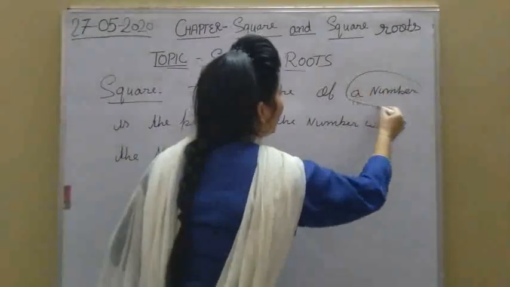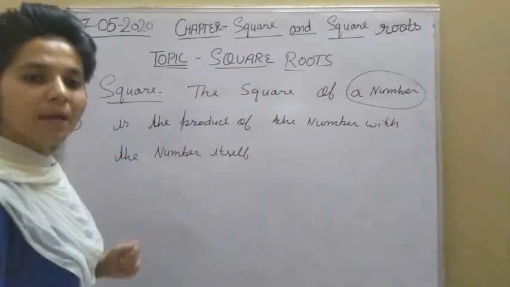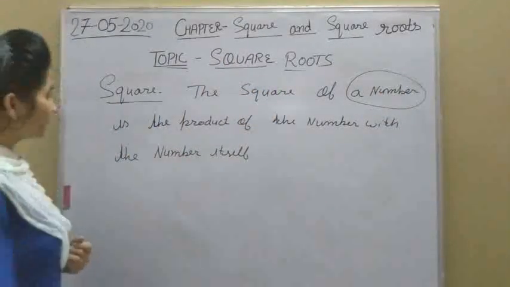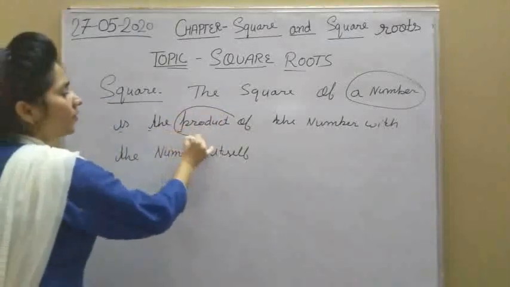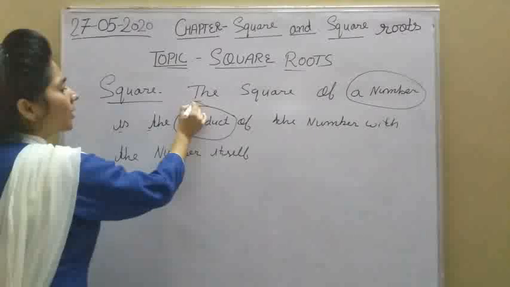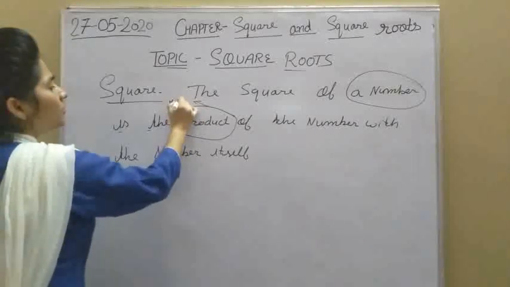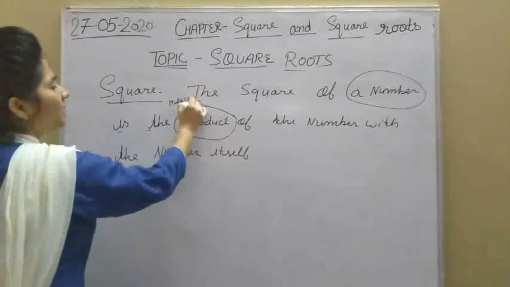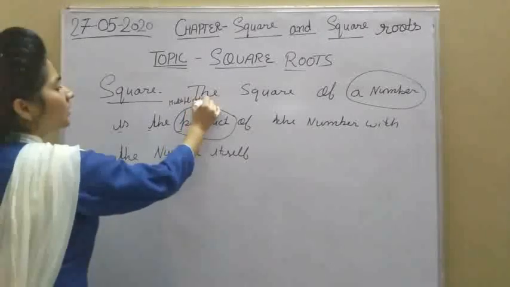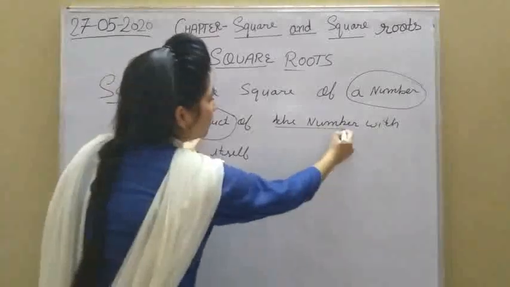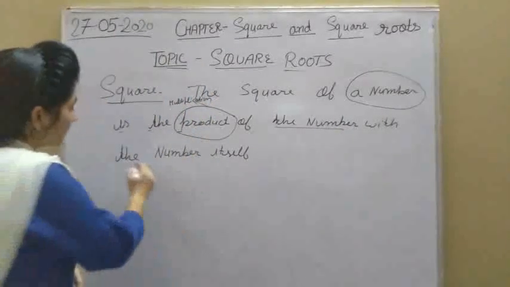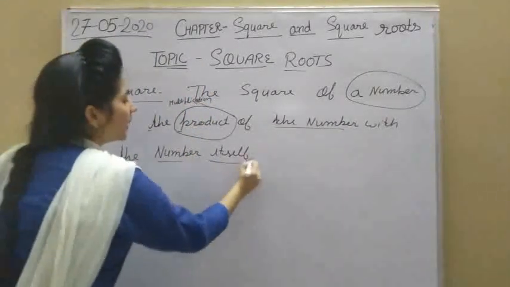Suppose we have a number. आपके पास कोई एक नंबर गिवन है. Product means we will take the multiplication of the number with the number itself.